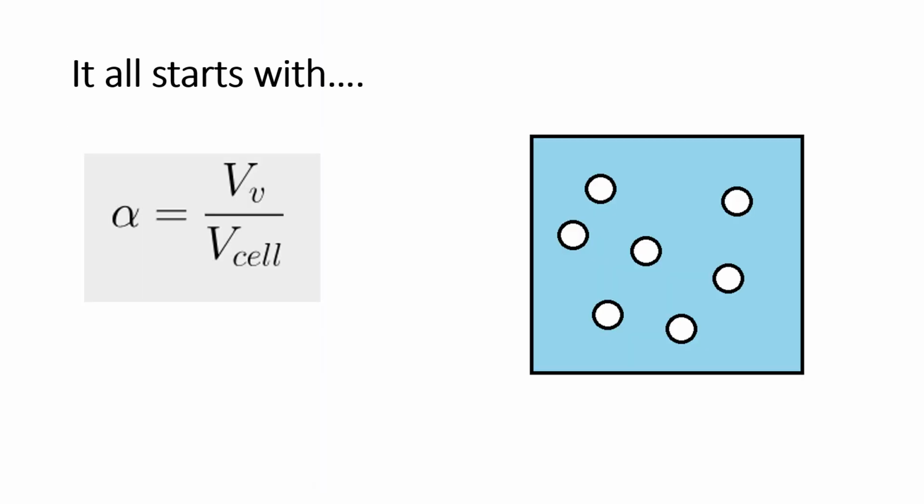So it all starts with defining the first equation. The vapor volume fraction, or the void fraction, will be equal to the vapor volume divided by the cell volume. Now the vapor volume is equal to the volume of the bubbles inside the liquid.